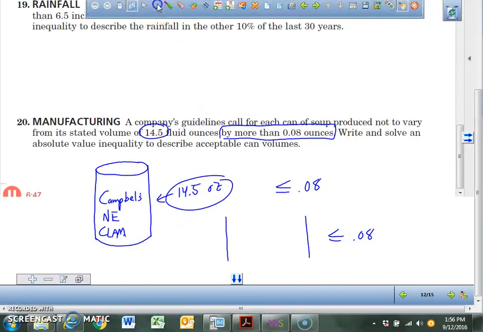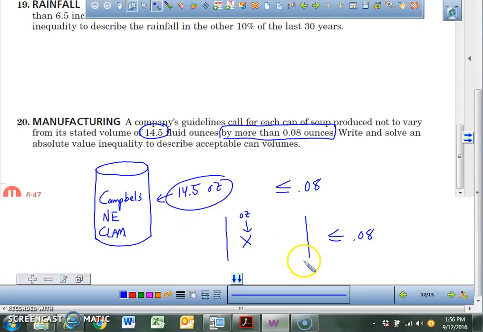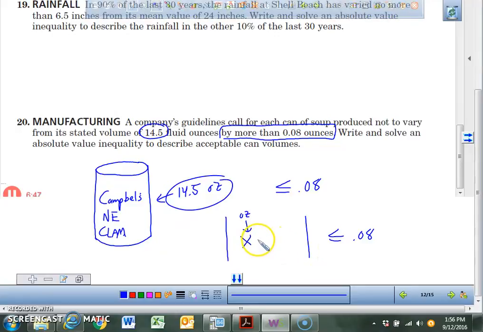So I'm going to say x, that's basically the amount of ounces that is going into the can. Correct. What are we going to do? We're going to take away the actual amount we want, 14.5. Technically, what would I like x to be every single time?